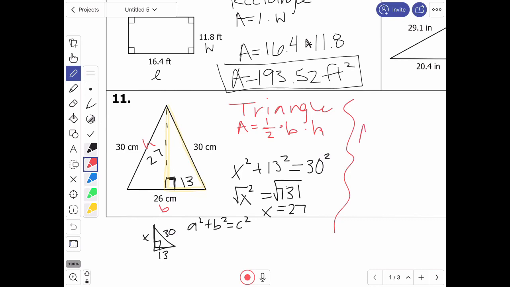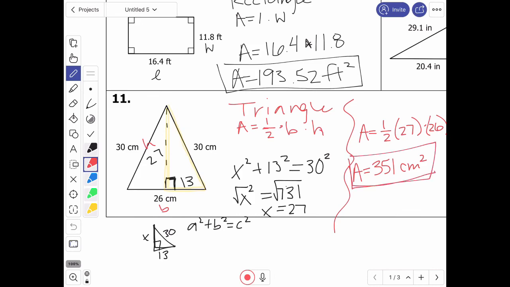So area is 1/2 times 27 times 26. And I think I mixed up base and height, but it's okay. And then we get the area to be 351 centimeters squared.